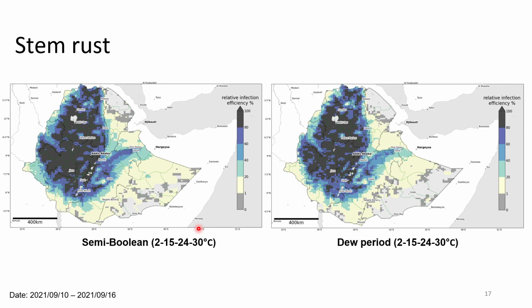So how does it look? For stem rust, we get some further structure in this part, also some lower suitability on this part of the image, but not a big difference.